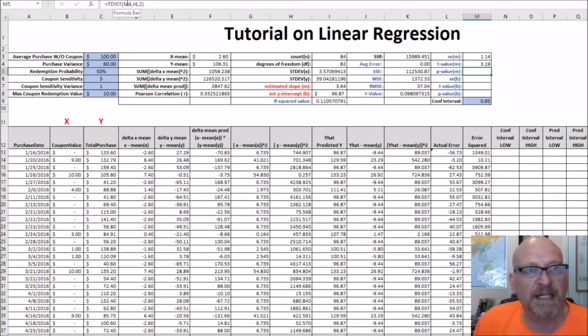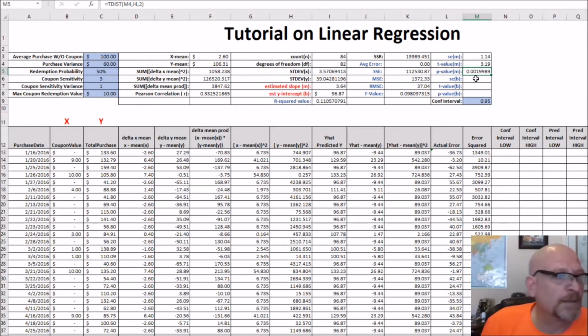It's equal to t-dist, and then this is the t-value, the degrees of freedom, and then 2 means a two-tailed test. What that does is it tells me a probability figure. Now let me uncover that to see what it came up with. Check that out. Isn't that really close to 0.002, which we saw on the table?